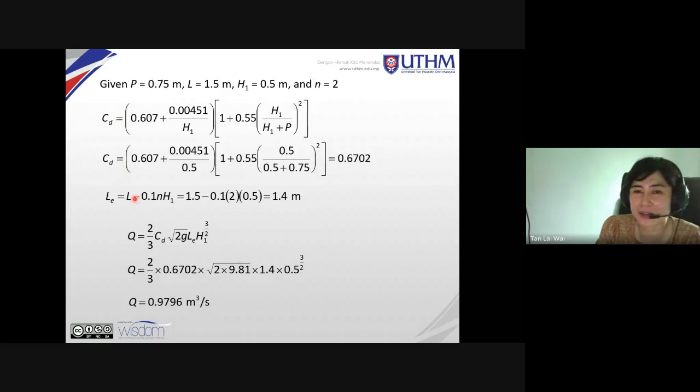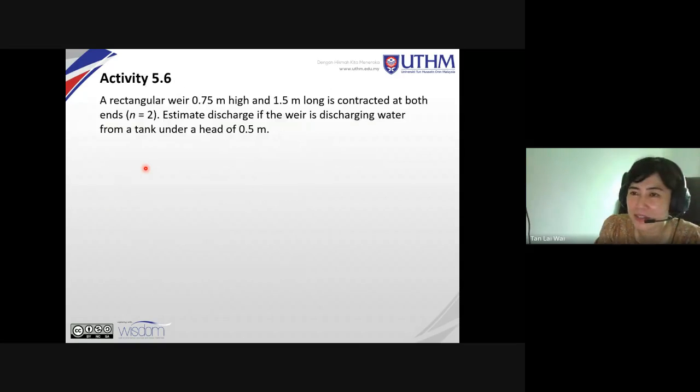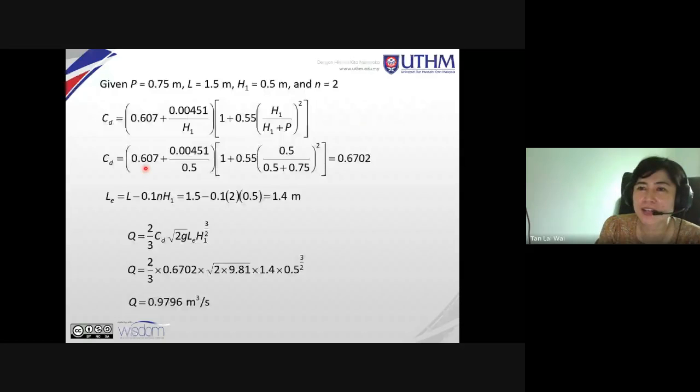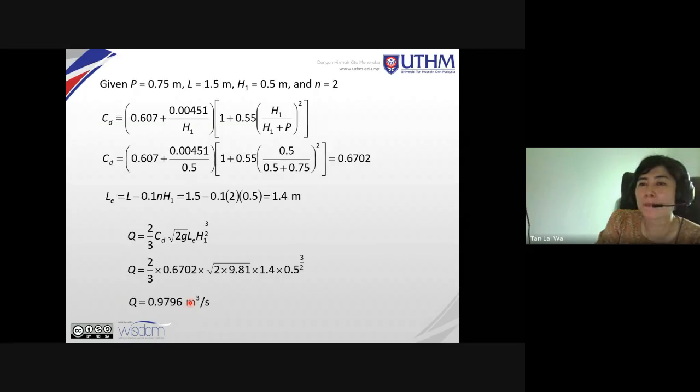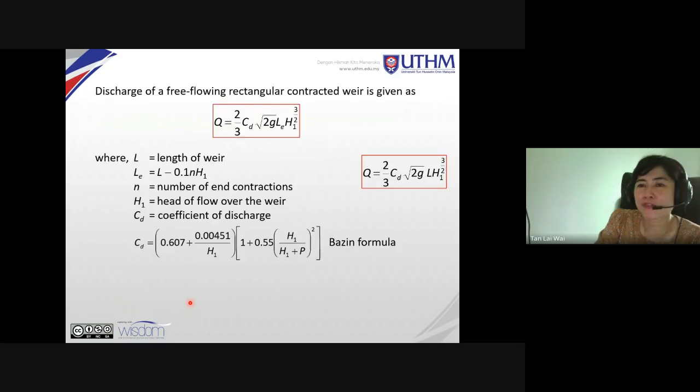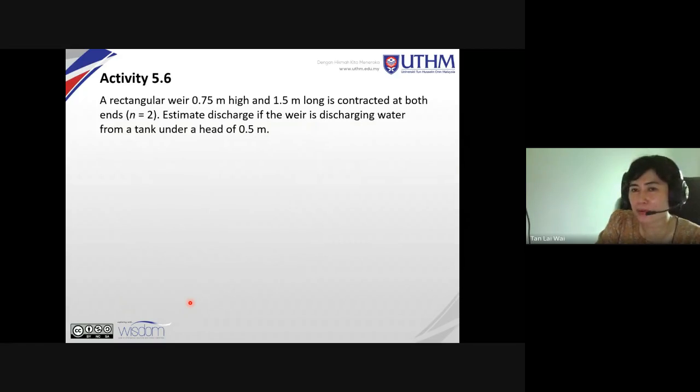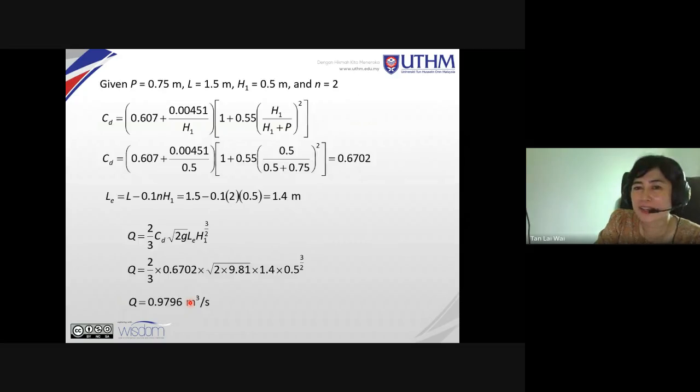Of course, you can try to find CD using Rehbock, but in this case they use the Bazin formula, so you can try it out as well. So discharge is 0.9796. You have all this activity provided to you. Try it out on your own, and then check your answer against the solution provided.